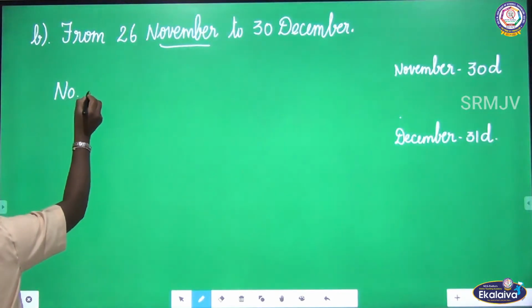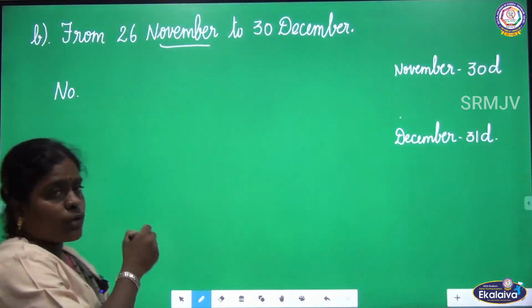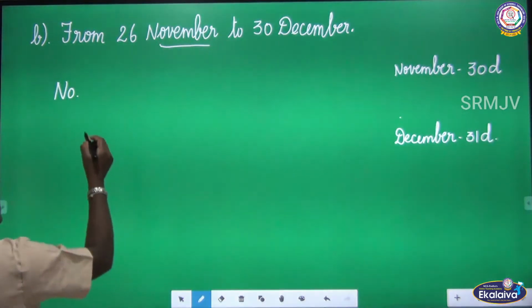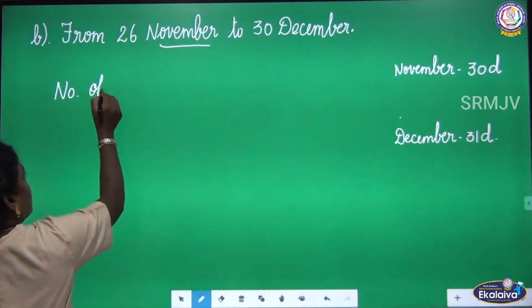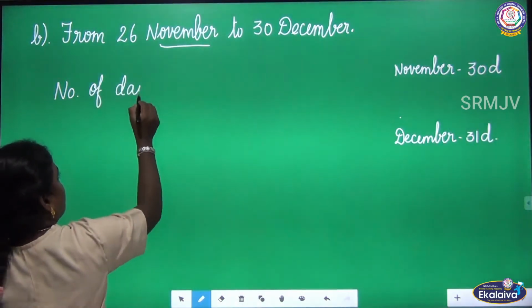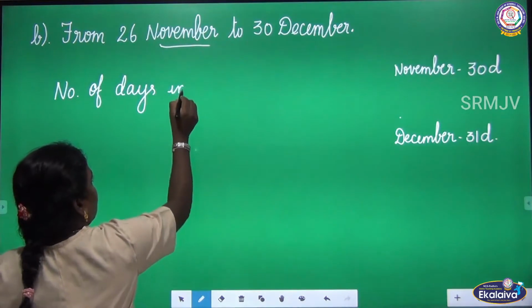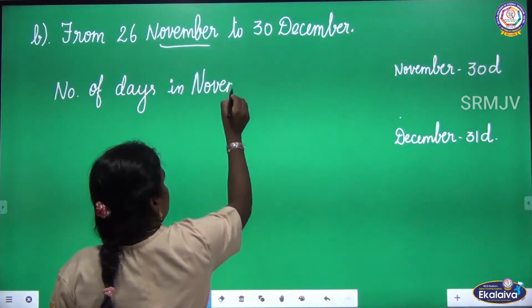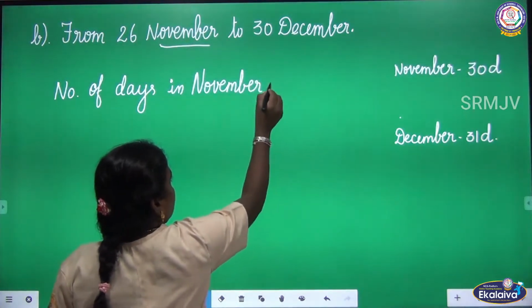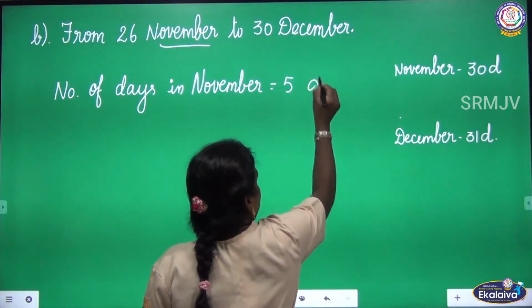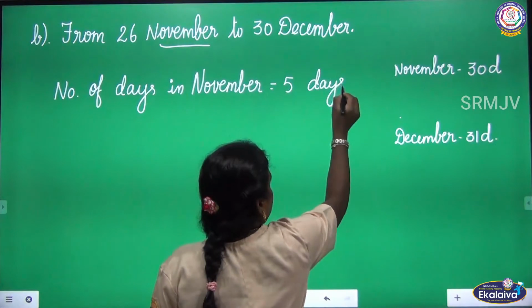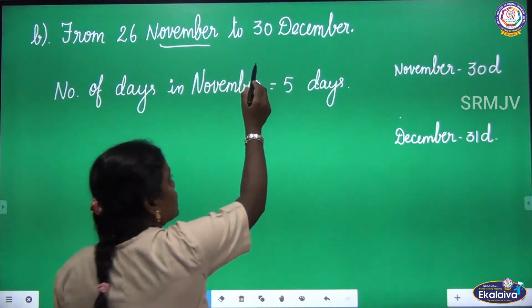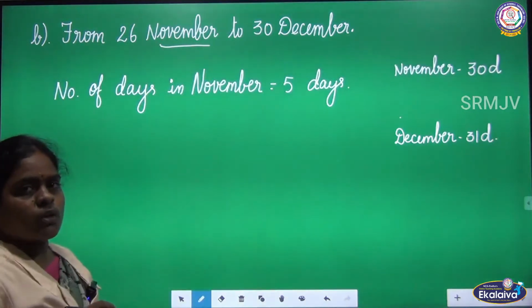So you have to start counting from 26 till 30. If you count, we can get the number of days in November is 5 days. Now let us find for December month. Here till 30th December we want to include.